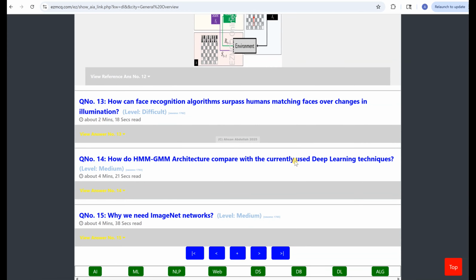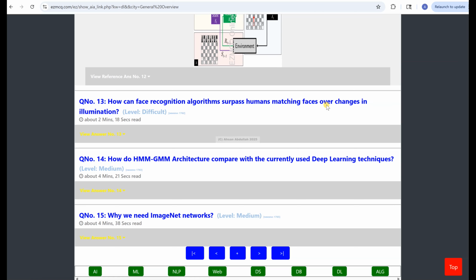So this is very interesting: how can face recognition algorithms surpass humans in matching faces over changes in illumination? This is a very interesting question, or concept. What has been determined empirically, by experimentation and using data, is that these reinforcement learning systems perform better at identifying human faces under changing illumination conditions.